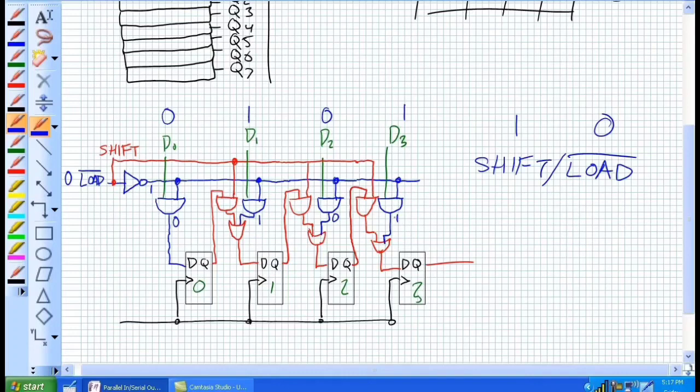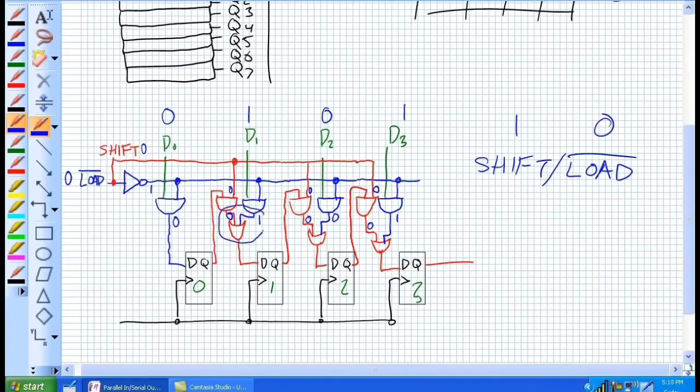But now think about what's happening when load is 0. What is shift? That's also a 0. So these AND gates here, that's getting a 0. That's getting a 0. That's getting a 0. Placing a 0 there, and a 0 there, and a 0 there.